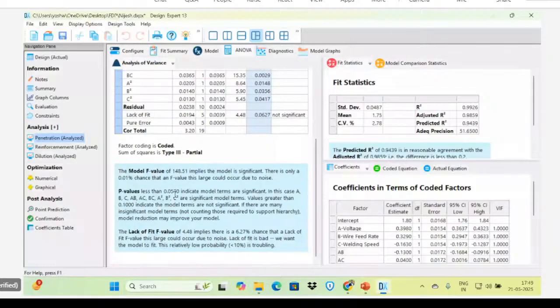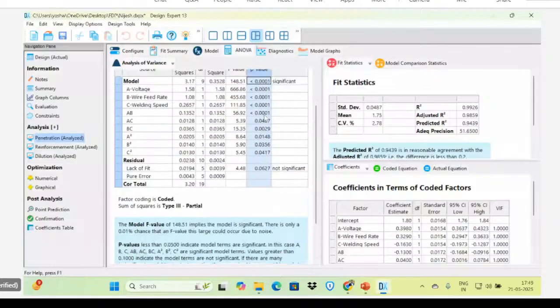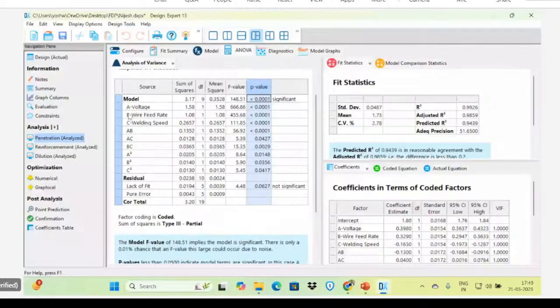So for voltage, wire feed rate, and welding speed, the combinations AB, AC, BC, A square, B square, C square, all the factors should be less than 0.05. If one or two factors are missing, then those factors are not considerable. So we have to make them significant factors, and I will tell you how.